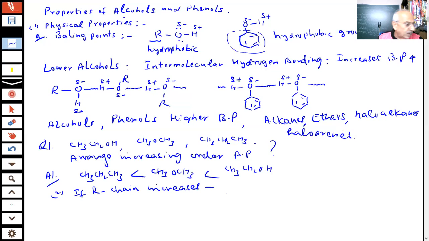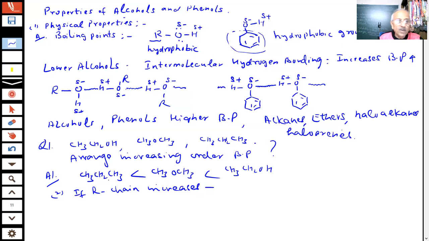Naturally, the solubility will decrease because R is a hydrophobic group. The hydrogen bonding is there, but the R group is hydrophobic, students.